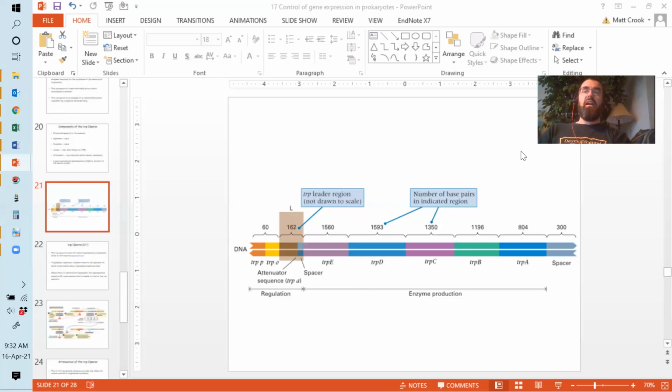And now we have two things. We have a dummy polypeptide, which may or may not be translated depending on how much tRNA with tryptophan is present. And we have a terminator sequence, which may or may not be formed depending on whether or not that polypeptide is translated.